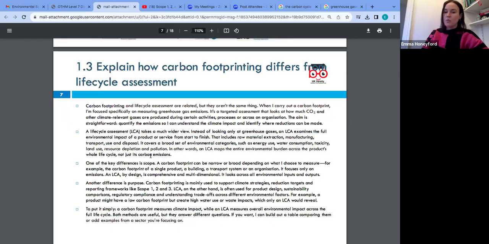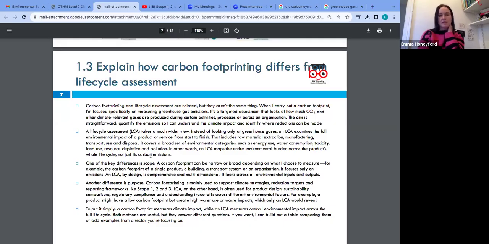So that includes raw material extraction, manufacturing, transport, use and disposal. It can look at a broad set of different environmental categories such as energy use, water consumption, toxicity, land use, resource depletion and pollution. So an LCA will map out the entire potential environmental burden across the whole product's life cycle, so not just the carbon emissions, not just the greenhouse gases.